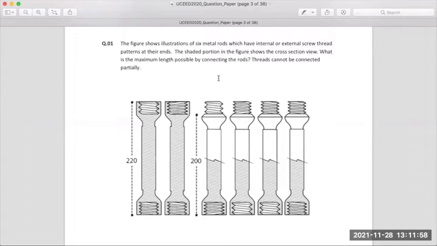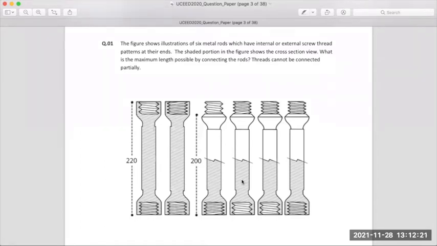What you have to find is, using any of these rods, what is the maximum possible length that can be achieved when connecting the rods. You may use 4, you may use 5, you may use all 6 also.